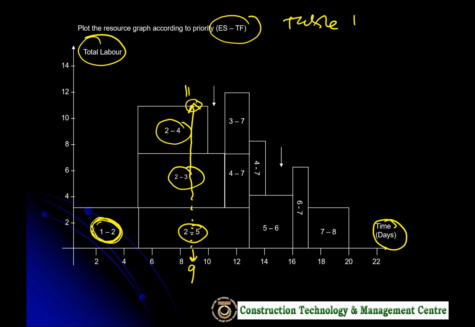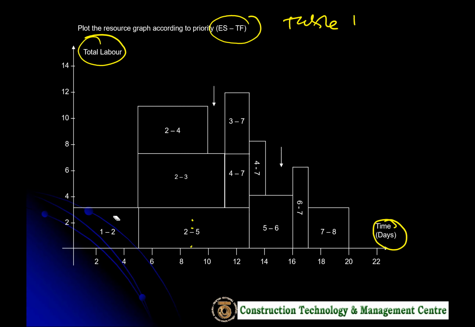This is the purpose of this diagram. If you can do that, then you know on day number 9, there are 11 people required to do 3 activities. What are the names of the activities? Now the graph already shows you the names of the activities. That is the idea. Okay, now how do we draw this 3-in-1 diagram?